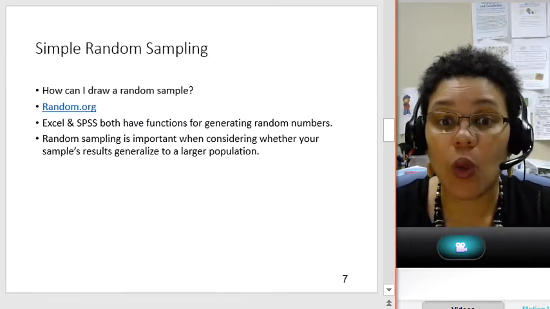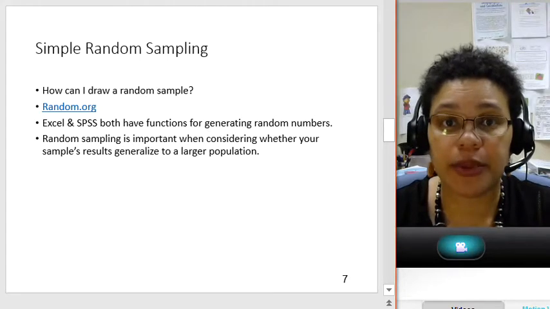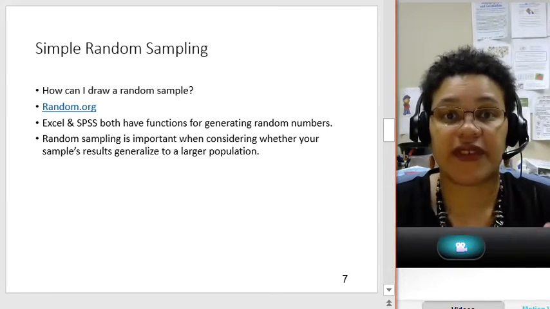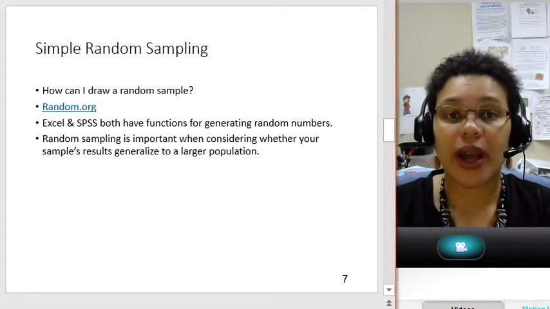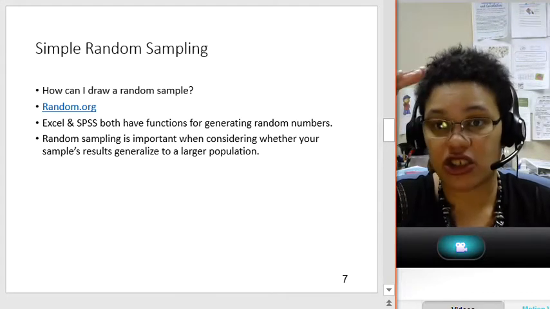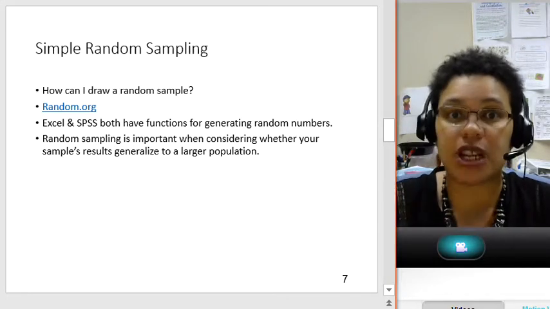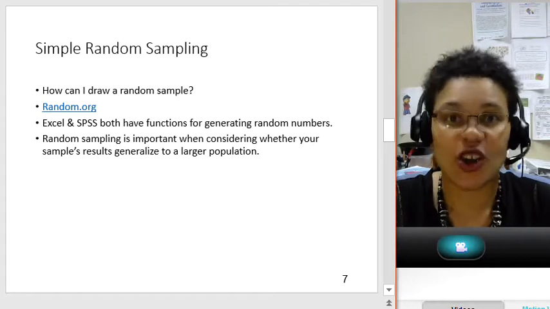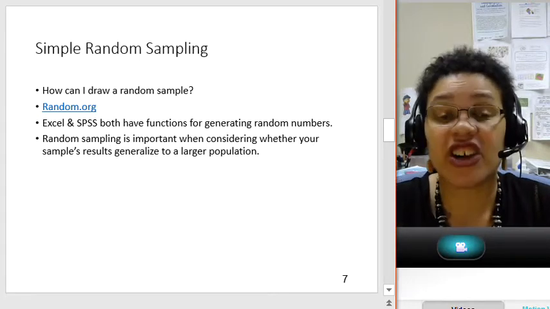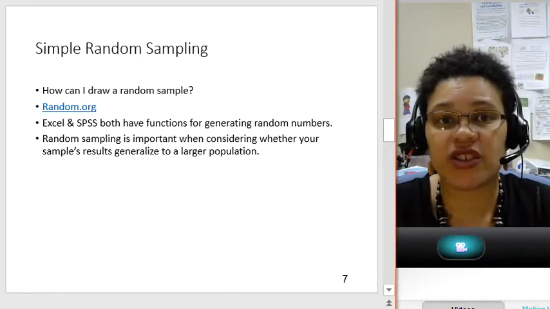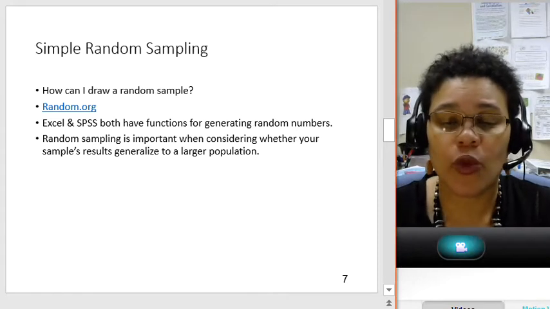Okay, so one way to draw a random sample is, like I said, to draw names out of a hat. Another way is to have that list and choose random numbers related to the order, right? And there are ways you can do this using computer programs.